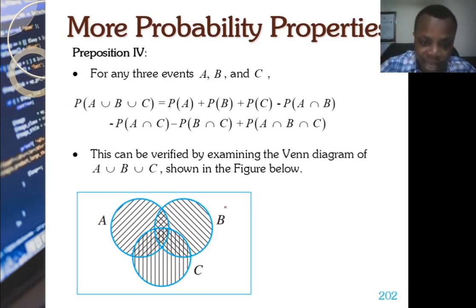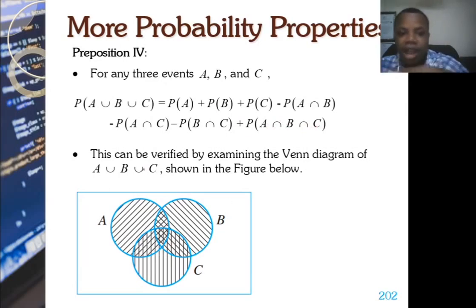Now for us to add them, this is the same as A union B union C, and this is equal to probability of A plus probability of B plus probability of C, minus probability of A intersection B, minus probability of A intersection C, minus the probability of B intersection C, then plus A intersection B intersection C.